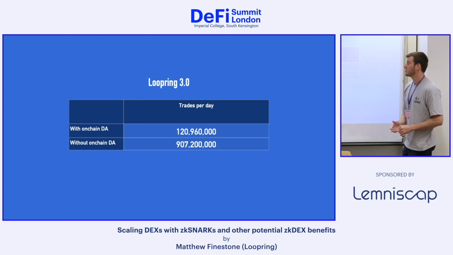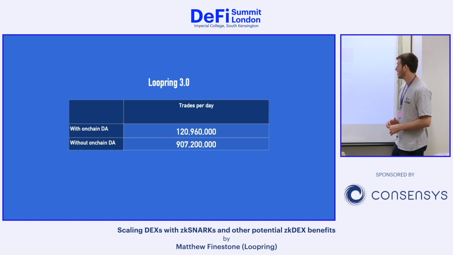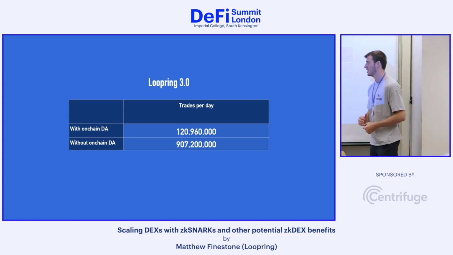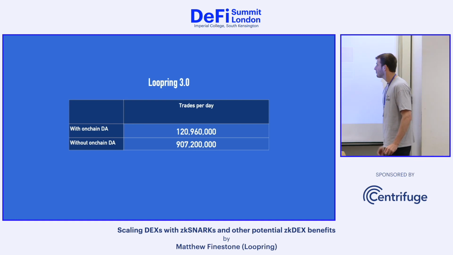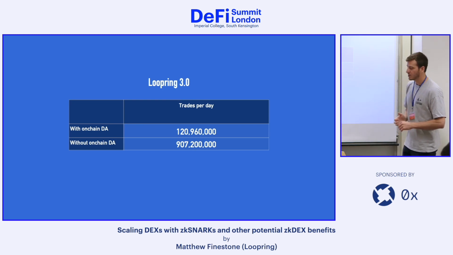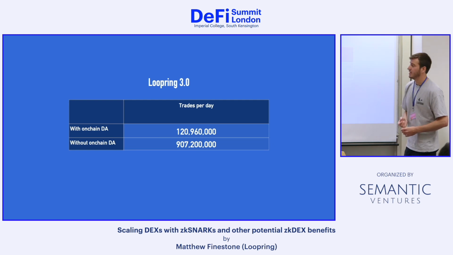And just to see how many trades does that work out to in a day, it's a lot. We could do 121 million trades per day with the on-chain data availability case. This is post-Istanbul. I'm just putting this number here because sometimes I look at how many trades happen on DEXs in a week, and it's like a few thousand across some of the leading protocols.